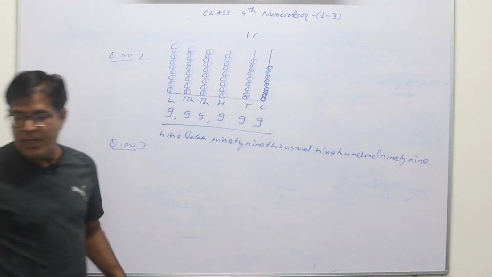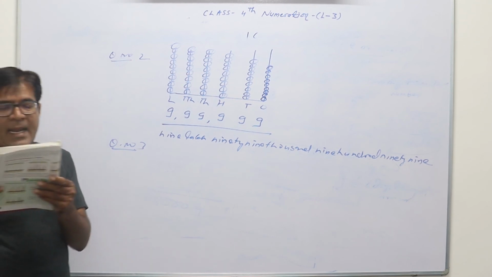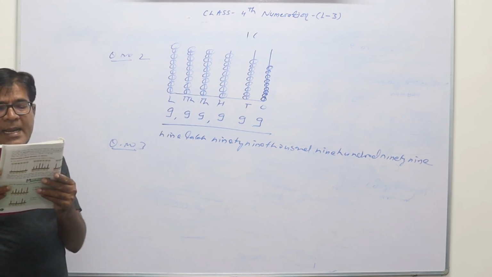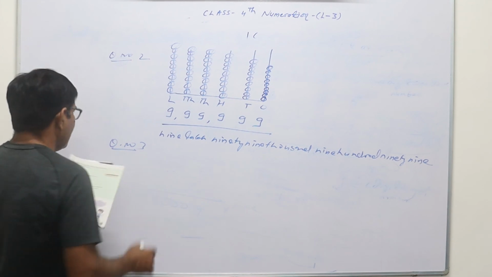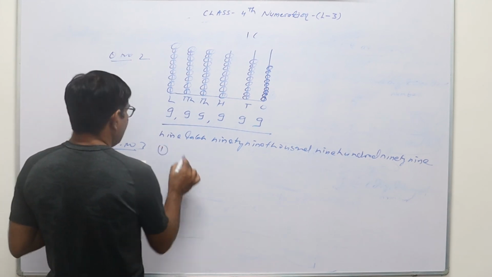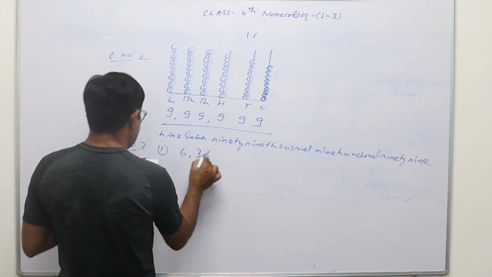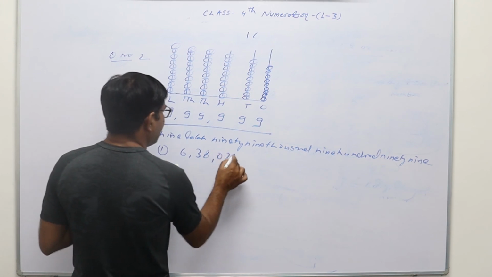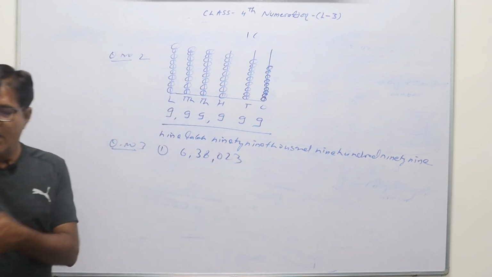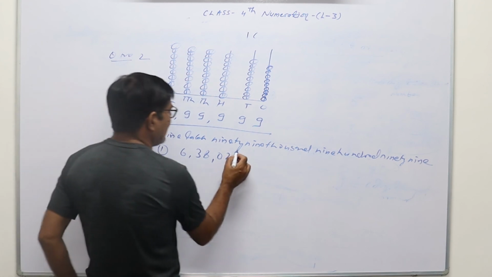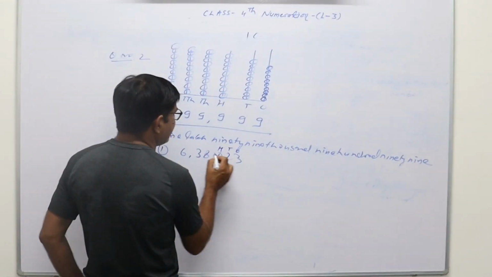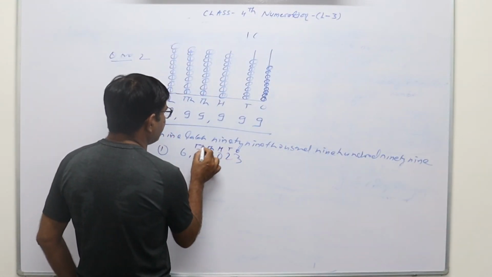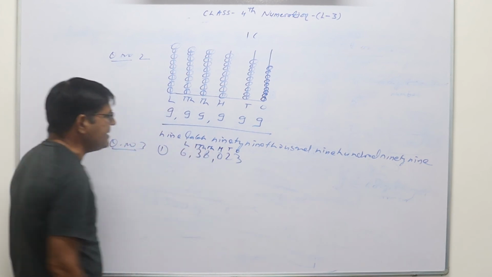Now question number 3. Read and write the following numbers in words. The first number is 6,38,023. How will we read it out? From the right hand side, this is ones, this is tens, this is hundreds, this is thousands, this is ten thousands and this one is lakh.